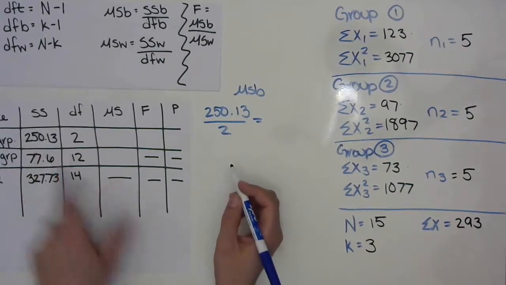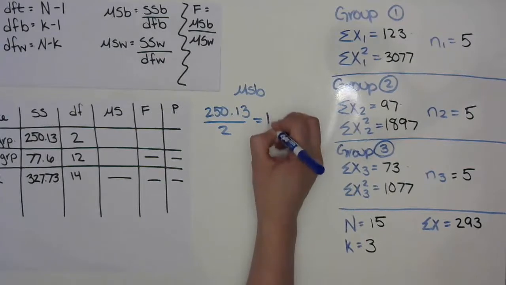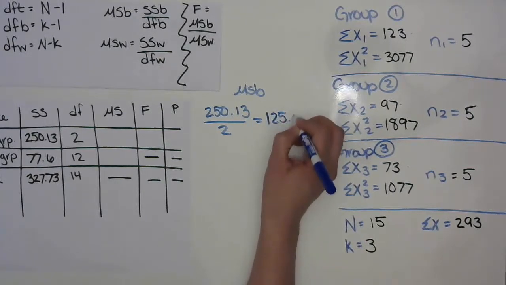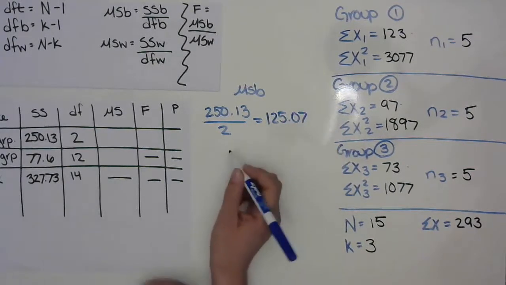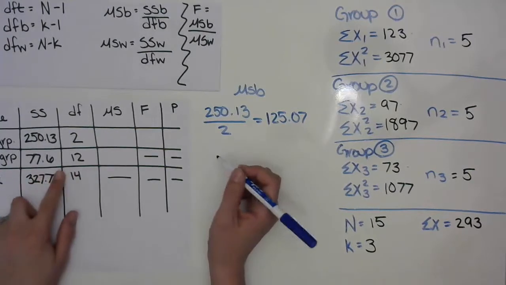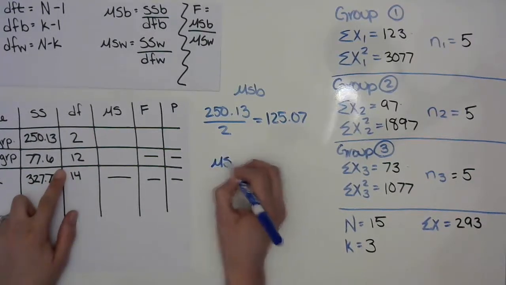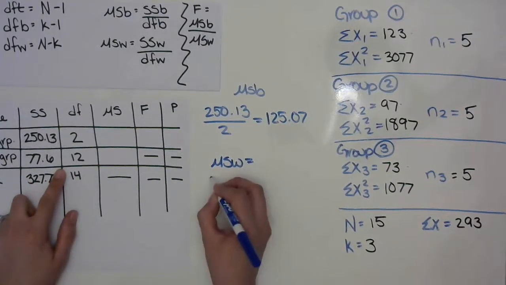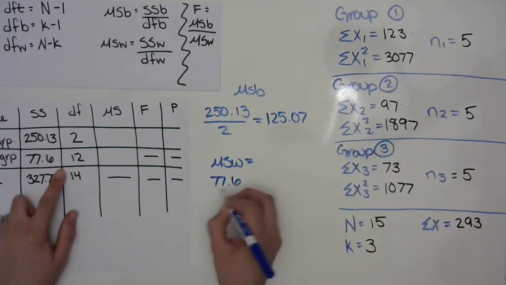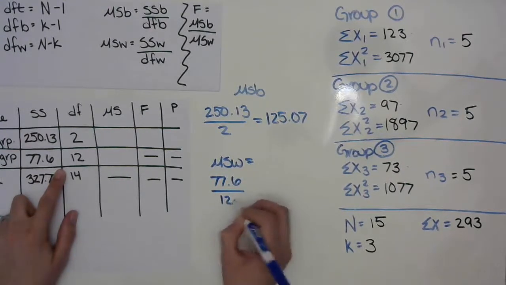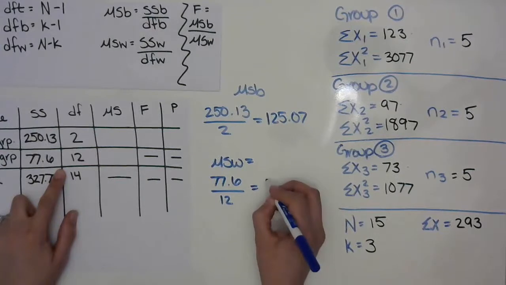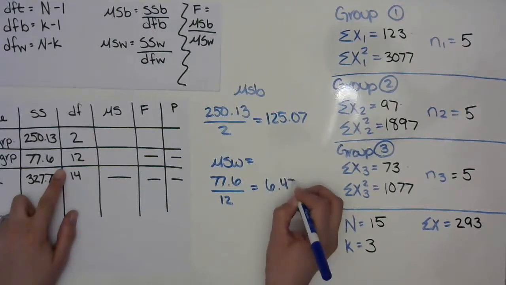When we divide those two numbers, that's going to give us 125.07. And then for MSW, we do the same thing: we take 77.6, divide that by 12, and that is going to give us 6.47.